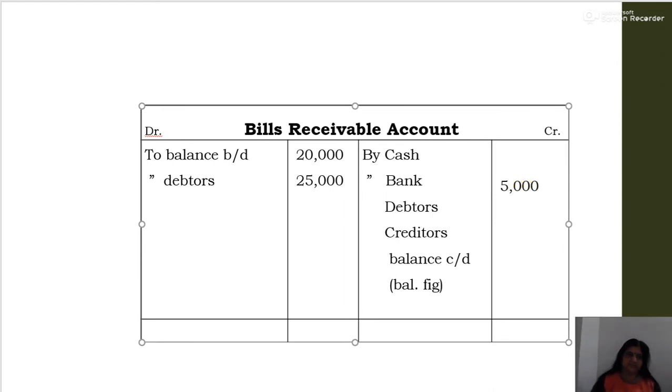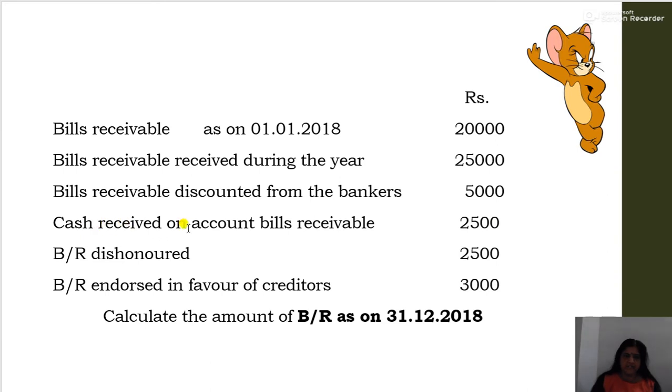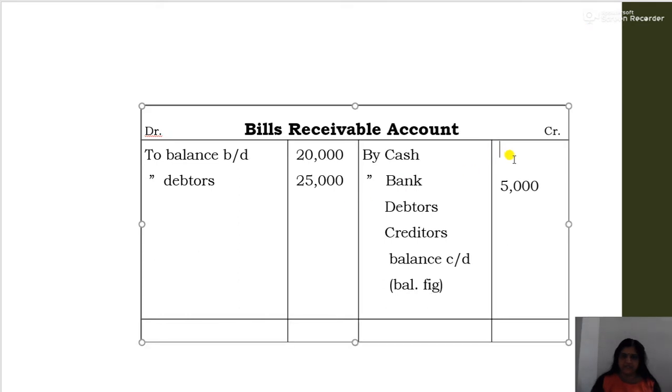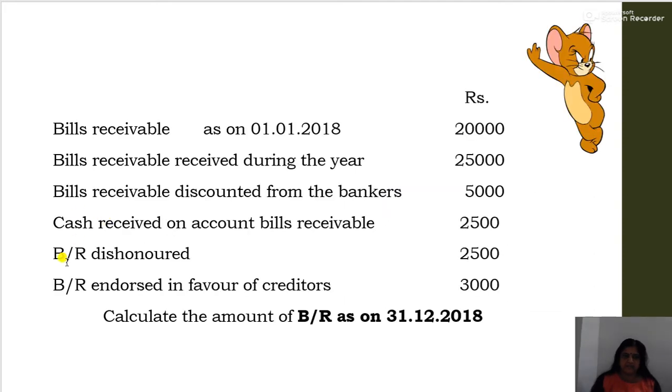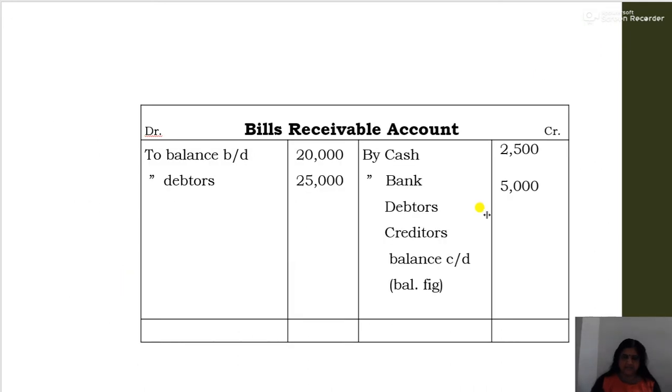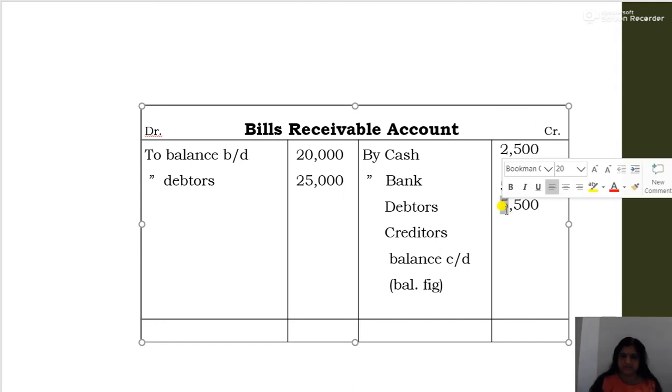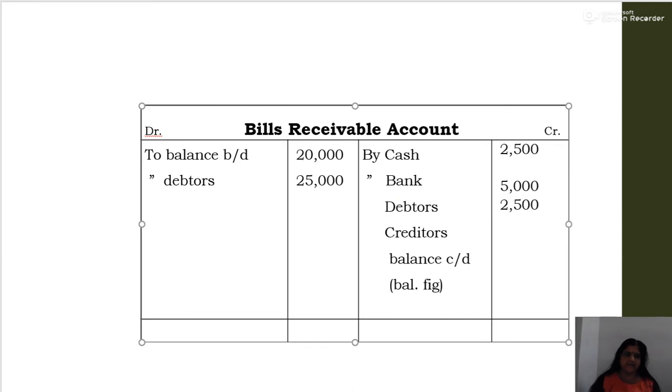Then cash received on account of bills receivable 2,500, that is bills receivable encashed 2,500. Then again bills receivable dishonored comes to 2,500. So that is again the debtors increase, that is 2,500.